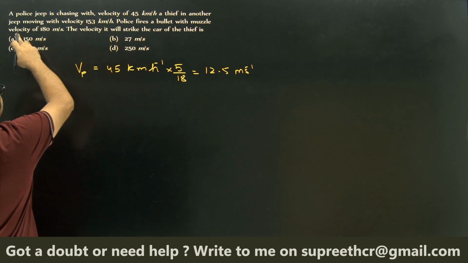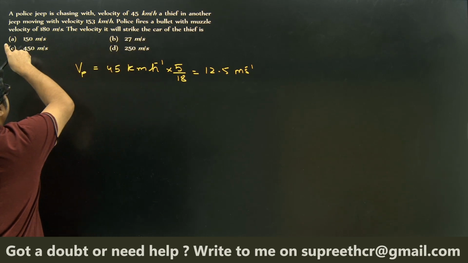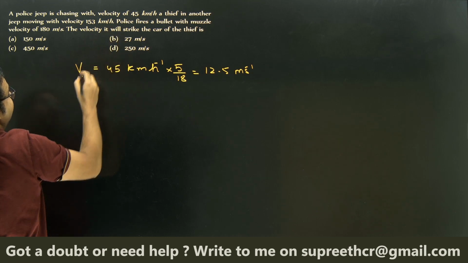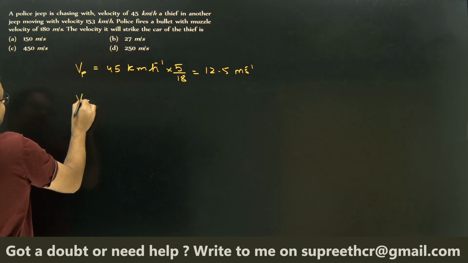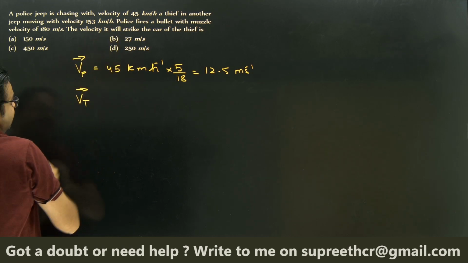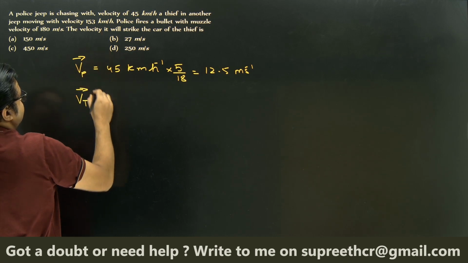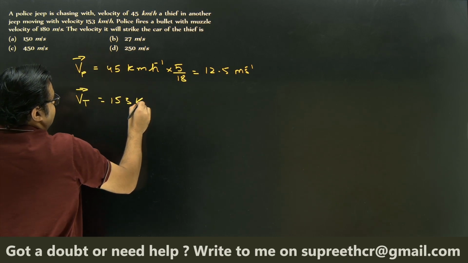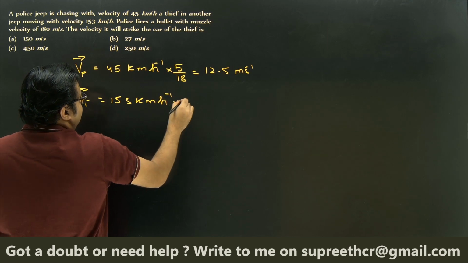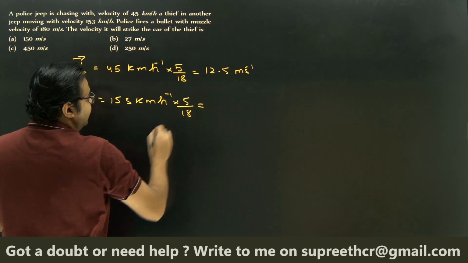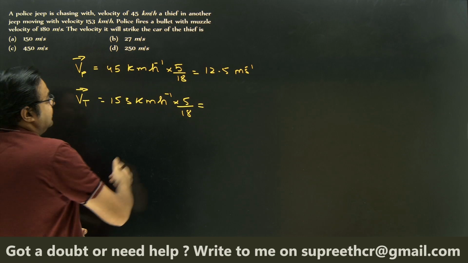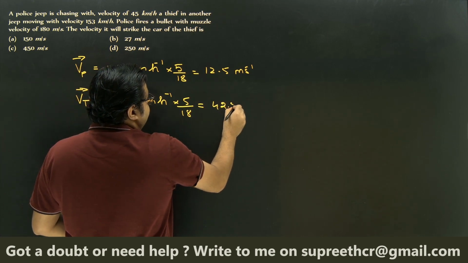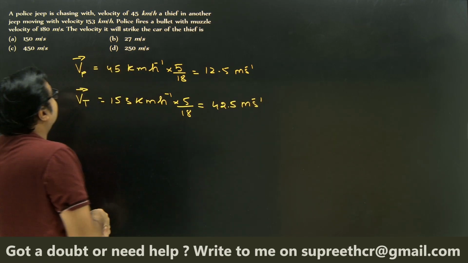Anyway, and then a thief in another jeep is moving with a velocity of 153 kilometer per hour. So the velocity of the thief, dear friends, is equal to 153 kilometer per hour multiplied by 5 by 18 to convert it to meter per second once again, and that will be 42.5 meter per second.